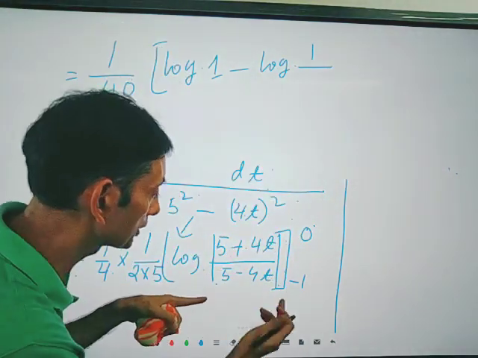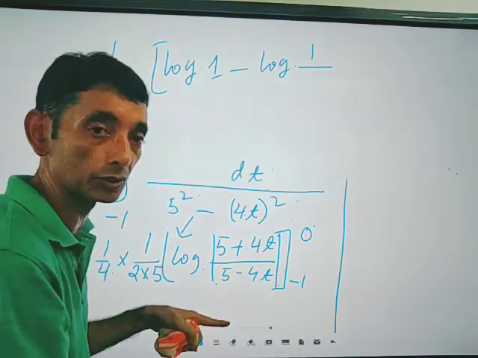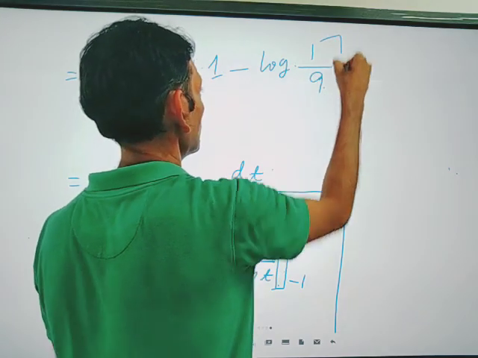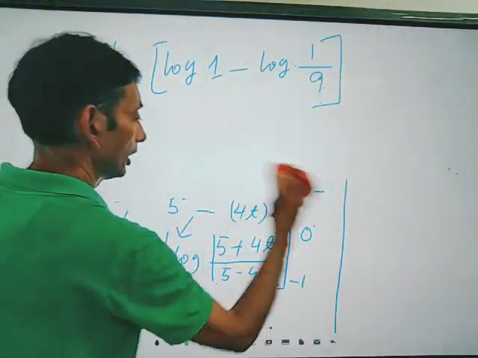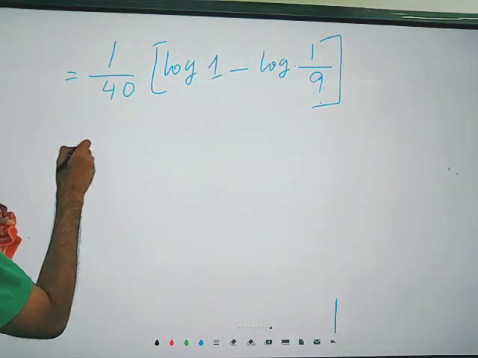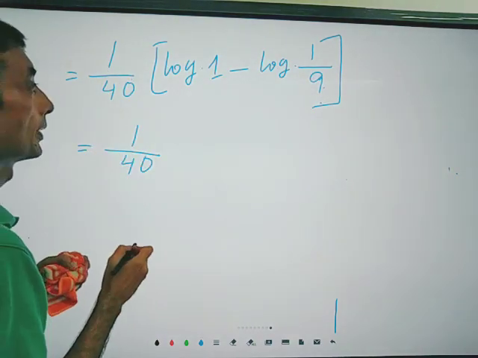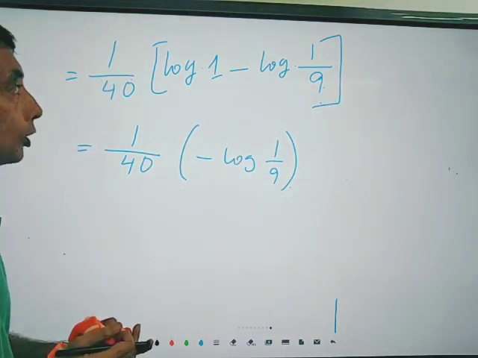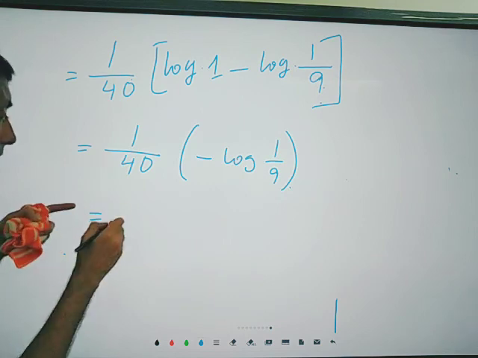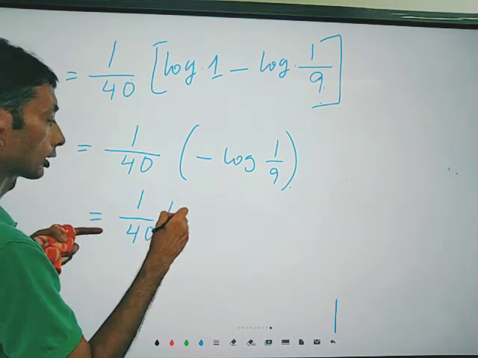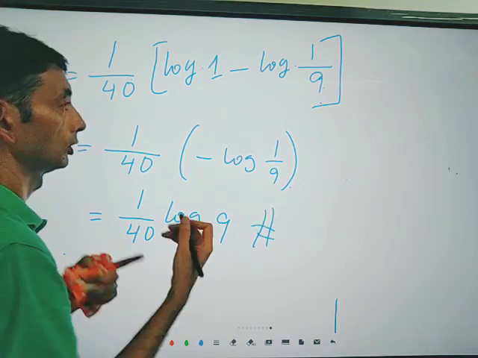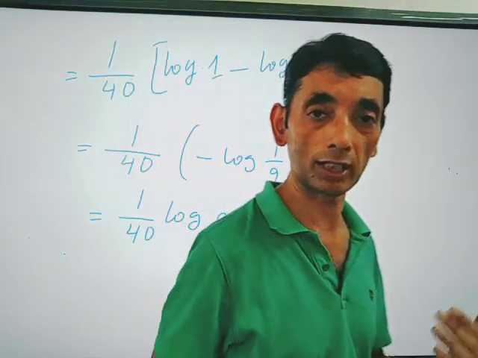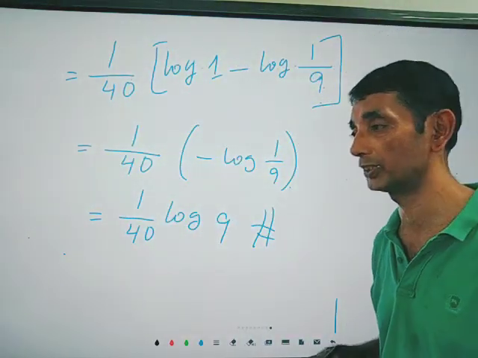The denominator is 5 plus 4, which is 9. Finally we get 1 by 40 into minus log of 1 by 9, and minus log of 1 by 9 can be written as log 9. So this is the answer for this particular question.